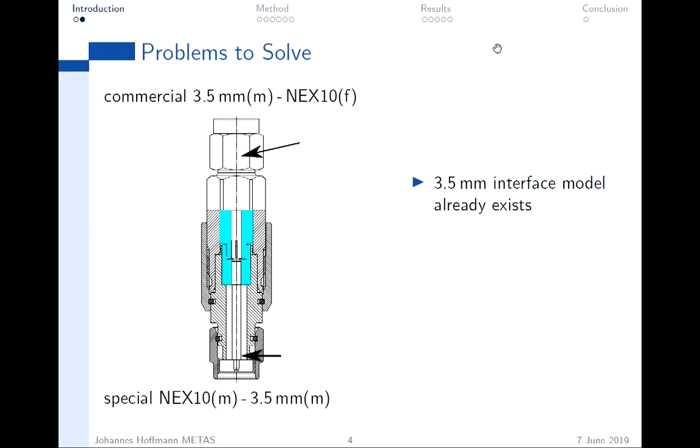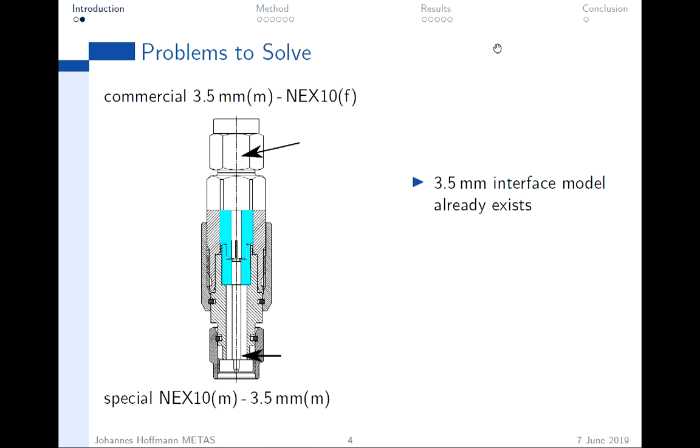In this figure, on top you see this connector you saw on the first slide. It's male to Next 10 female. And below there's a special kind of adapter. It is special in this sense that it has only a very small part which is dielectric here. The rest is air dielectric.